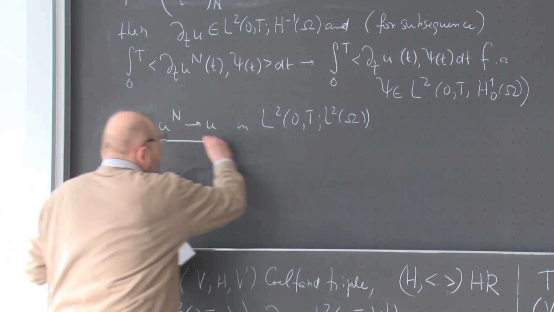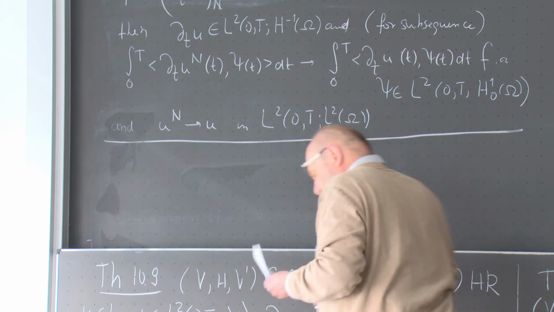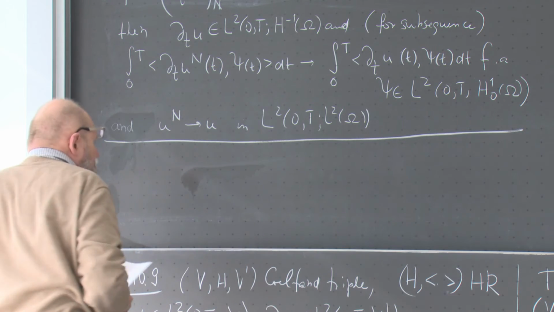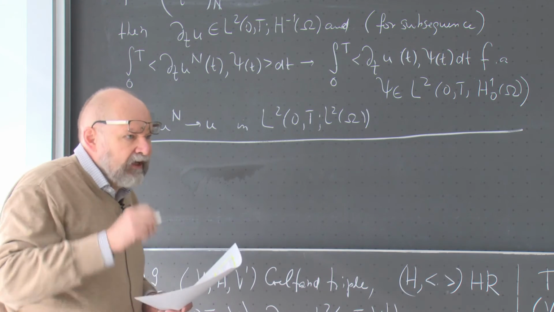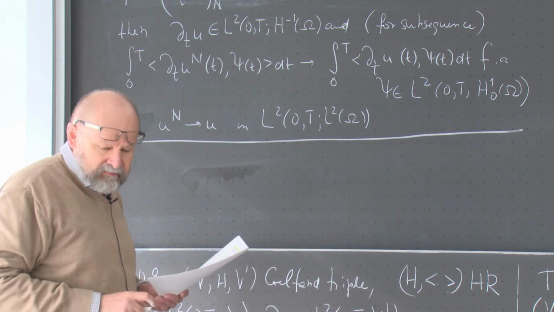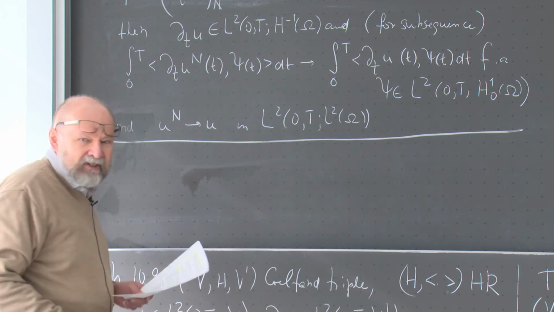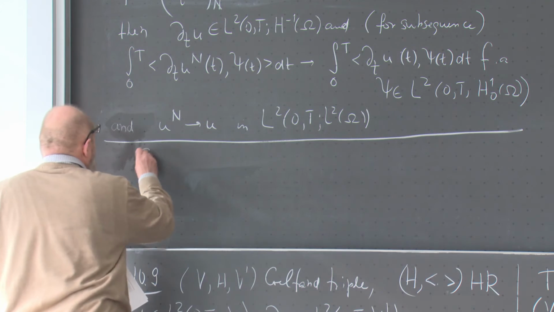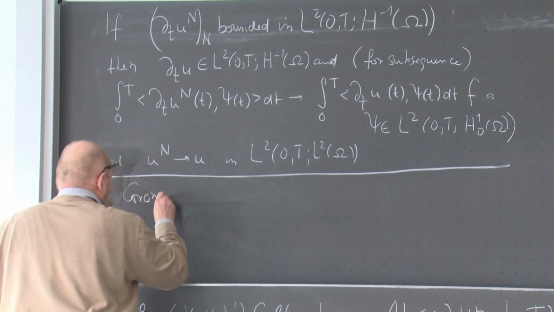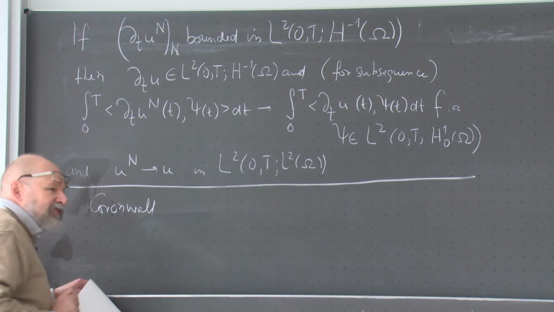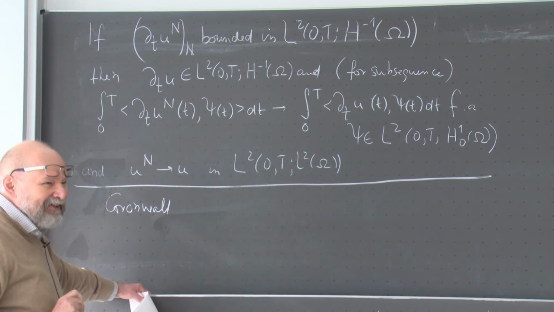These are basically the reasonings which we will apply. So a final tool, which I hope you will know, and therefore I think I will skip the proof, is the so-called Gronwall inequality. Who has never heard this notion?